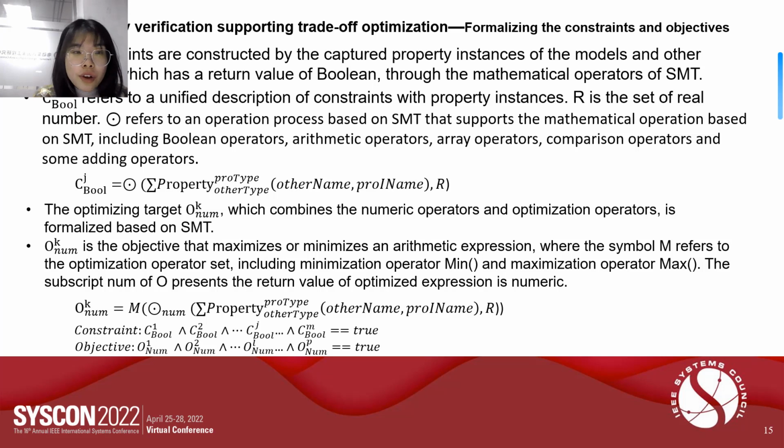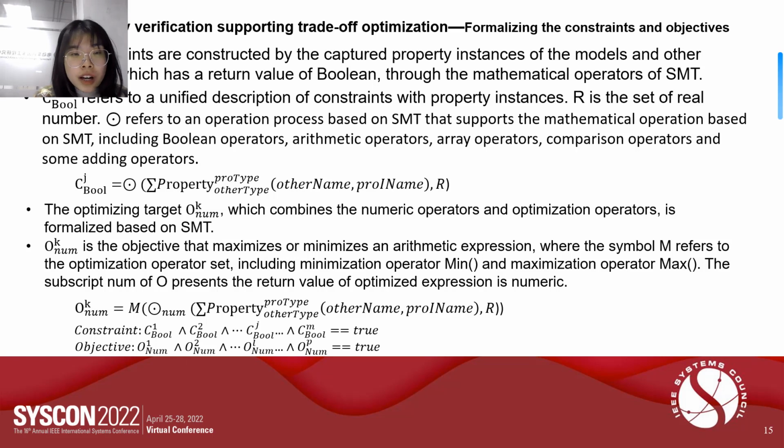R is the set of real numbers, and dot refers to an operation process based on SMT that supports mathematical operations based on SMT, including the Boolean operators, arithmetic operators, array operators, and comparison operators.